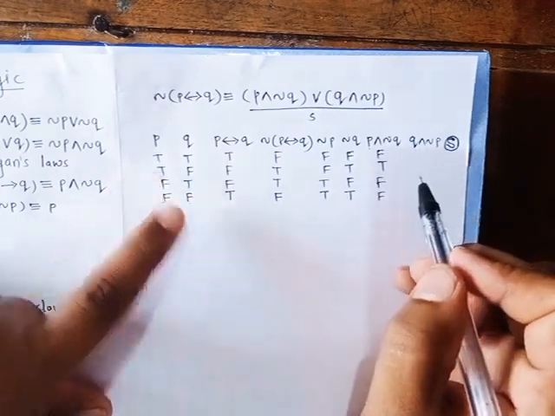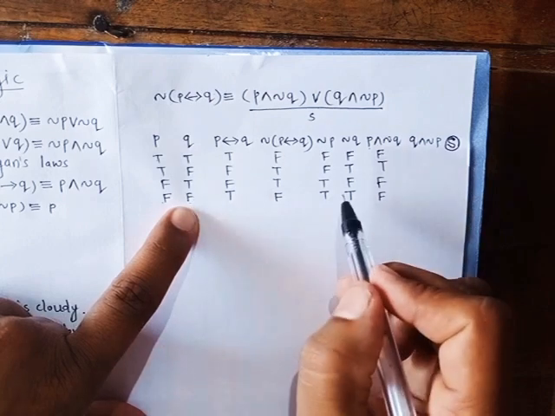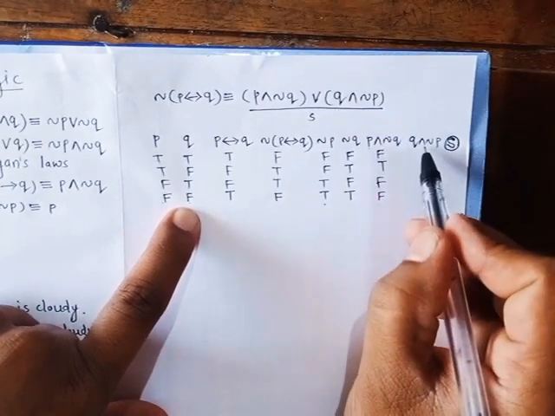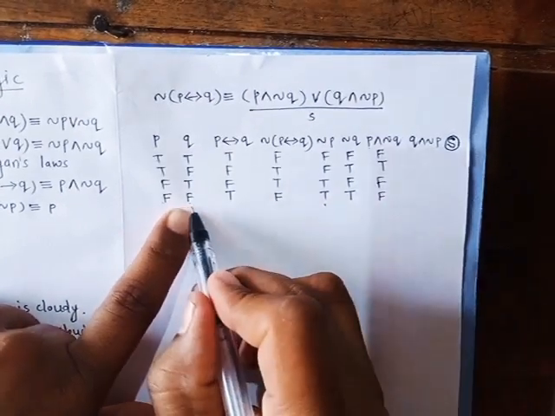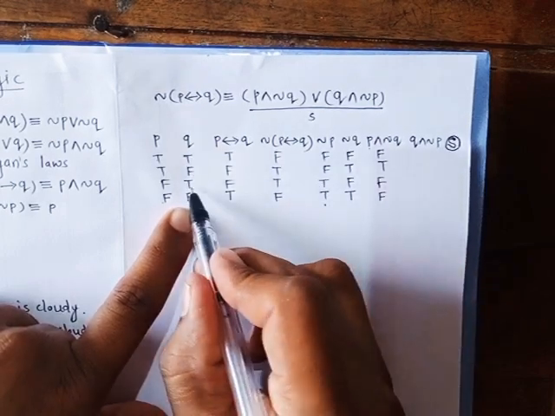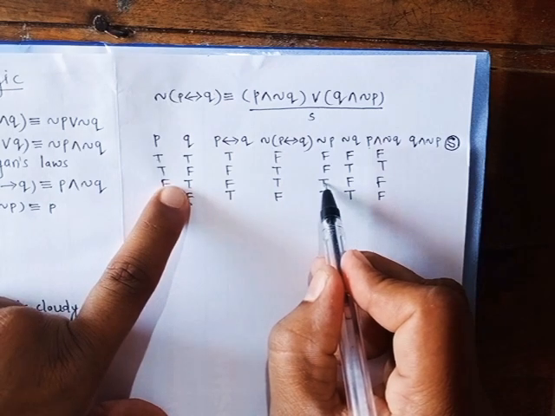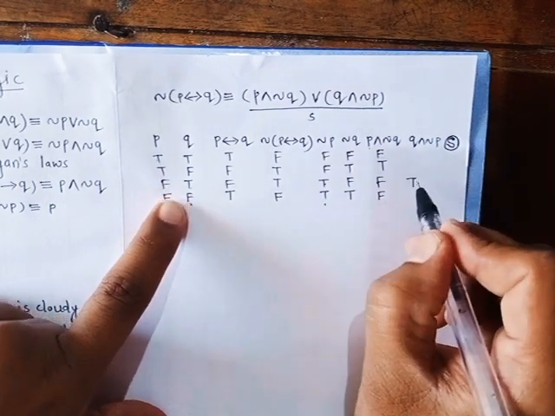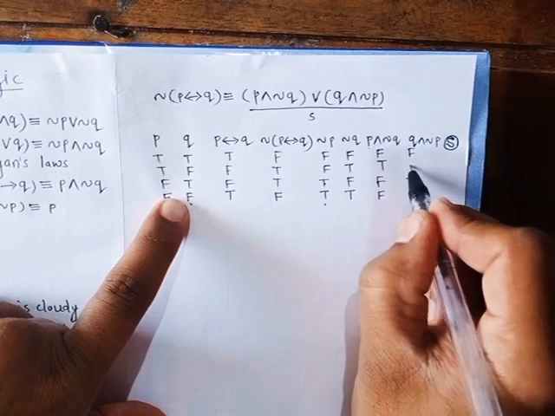Q and negation P. So we have to take Q and negation P. What is the rule for conjunction again? If both are true, then true, otherwise false. You can see here the third value is true since both are true, otherwise it is taken to be false.